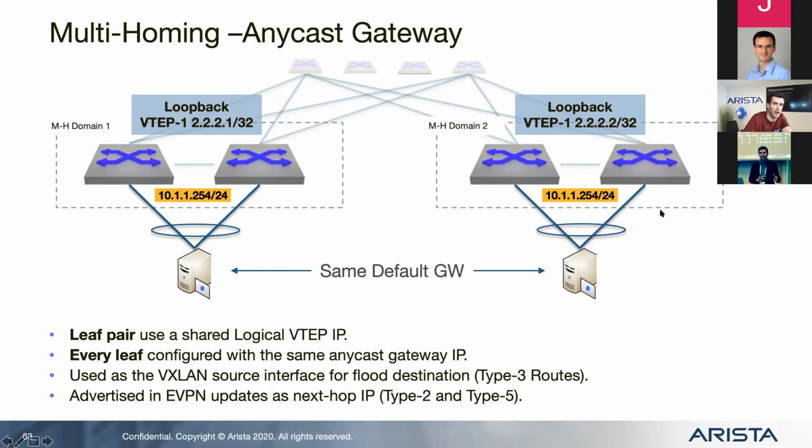So per pair, or if we're using active-active multi-homing, maybe for 3, maybe for 4, participating in the same domain, we advertise a shared loopback, and this is used as the next hop for the flood destination, so type 3 routes, which Alexi's already explained, and as the next hop IP for type 2 for MAC addresses and type 5 for IP prefixes. But the nice thing about this solution is its ability to configure the same gateway IP across every top of rack switch.